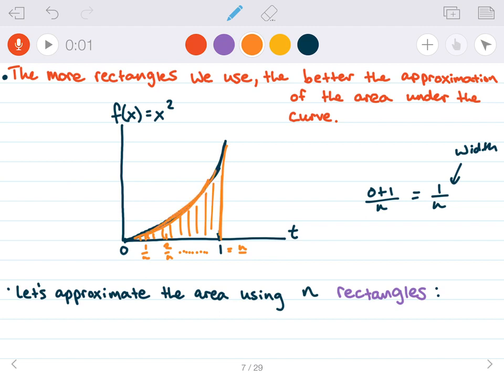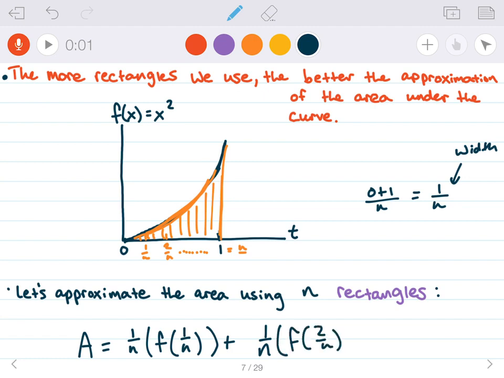So the area using n rectangles, again, we can just say, let's just keep doing what we've been doing. We took the area of the first rectangle, which was width times f of 1 over n, plus the second area, which is also going to have a width of 1 over n, times f of 2 over n, etc., all the way up until 1 over n times f of n over n, which is just f of 1.